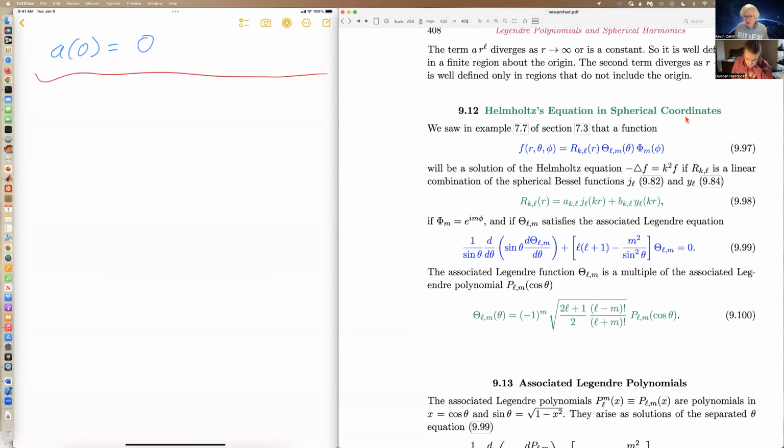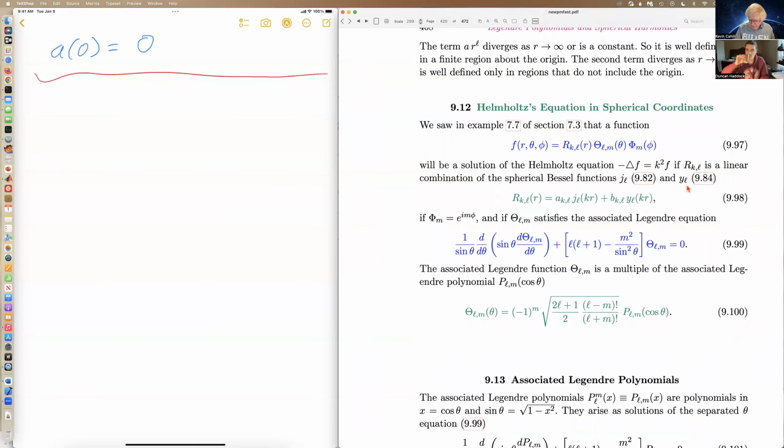Helmholtz's equation in spherical coordinates, well, here what you have is minus Laplacian of f is k squared times f. And again, because we have spherical symmetry, we have these nice Bessel functions, the j_L's and the y_L's. The j_L's being Bessel functions and the y_L's being Neumann functions.